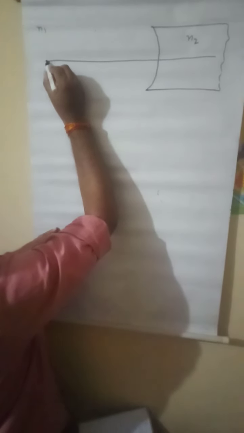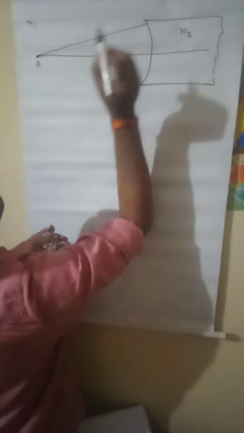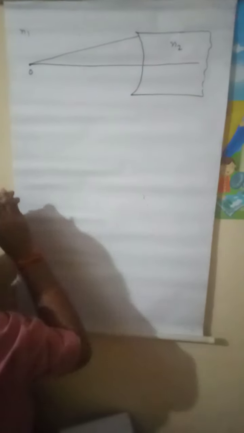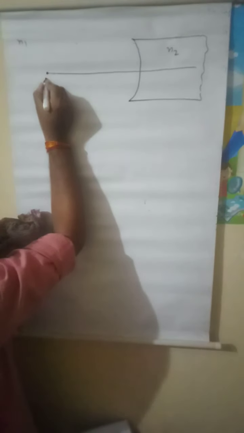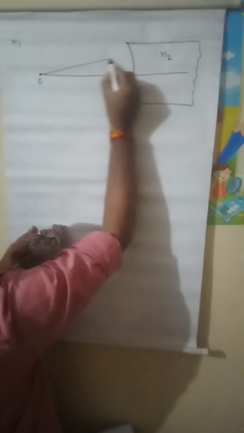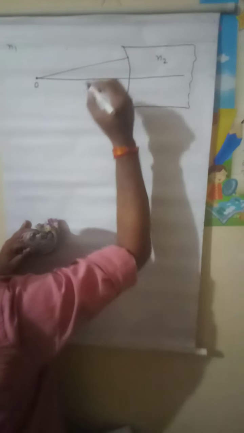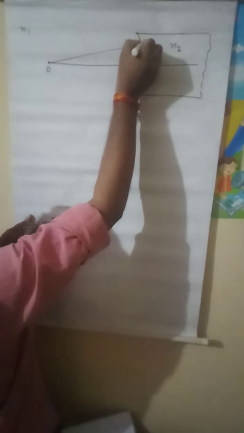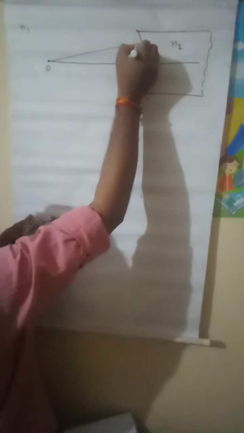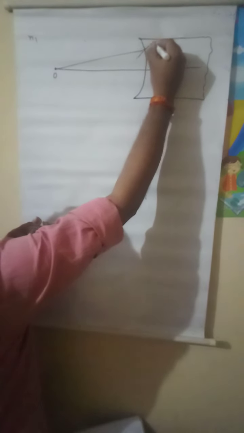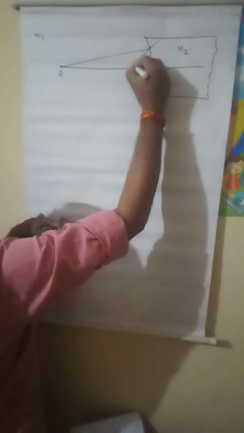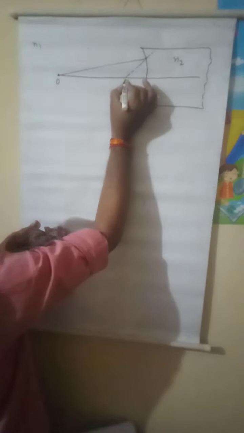Then a ray of light is started from point O, incident on the refracting surface. This is the point of incidence, and this dotted line shows the normal at the point of incidence.